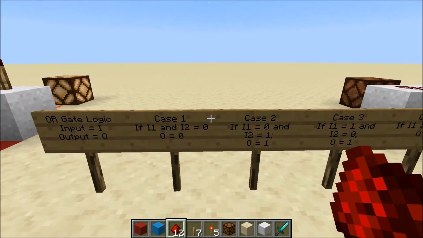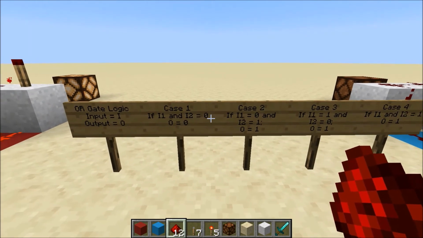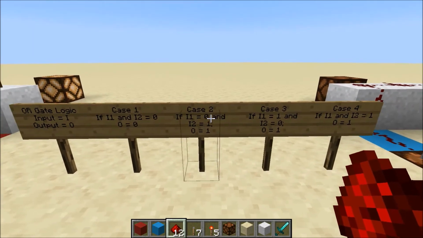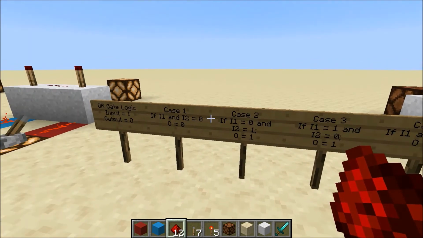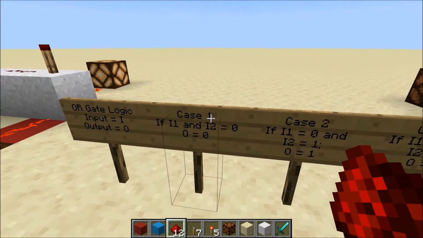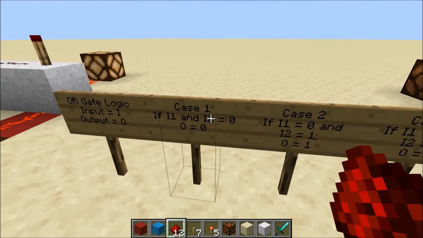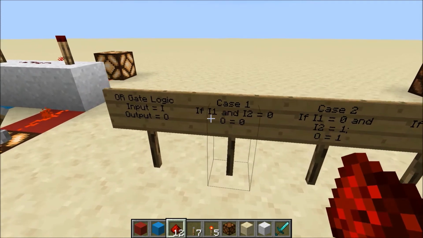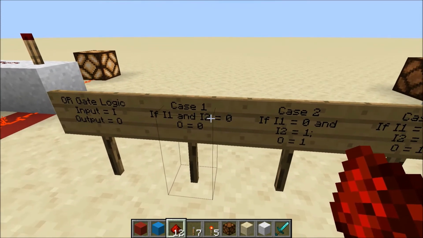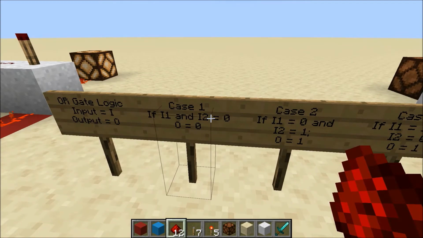Moving to the third one, we have the OR logic gate. The same: I mark input with capital I and output with capital O. And we also get 4 cases here. The first case, if input 1 and input 2 equal 0, then the output will be 0.